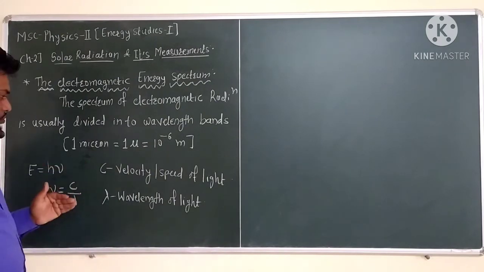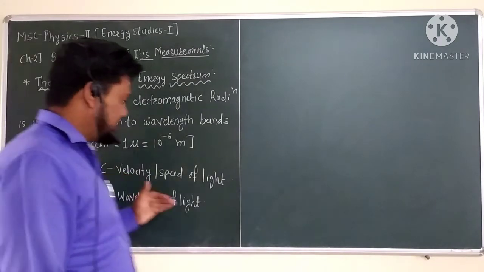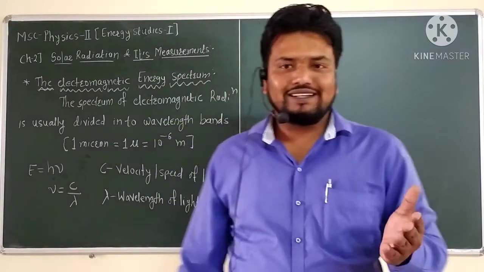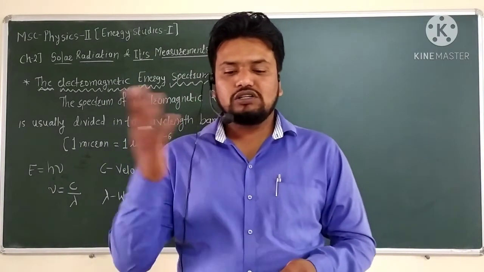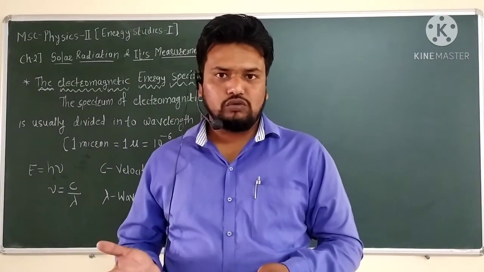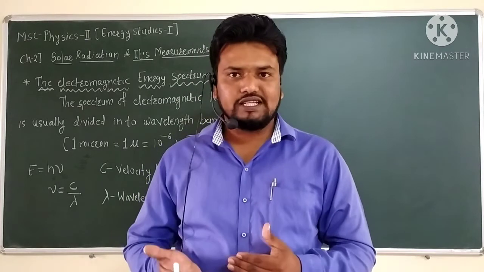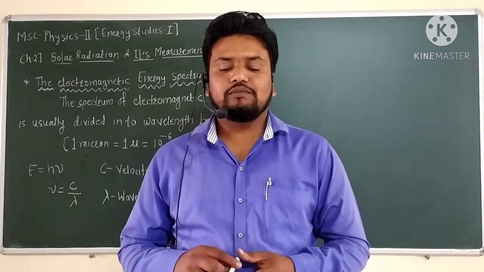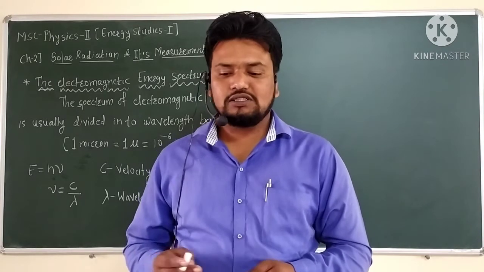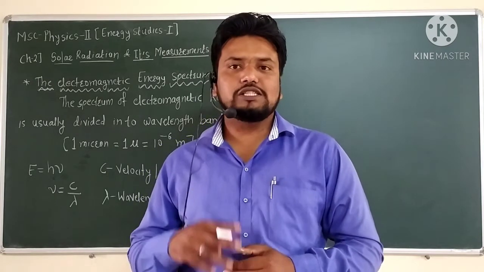In this electromagnetic spectrum, there are different types of waves: cosmic rays, gamma rays, infrared rays, X-rays, ultraviolet rays, and visible rays.